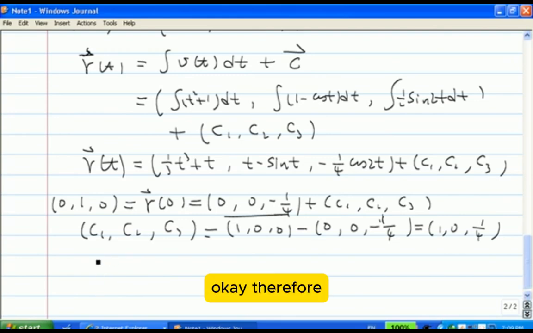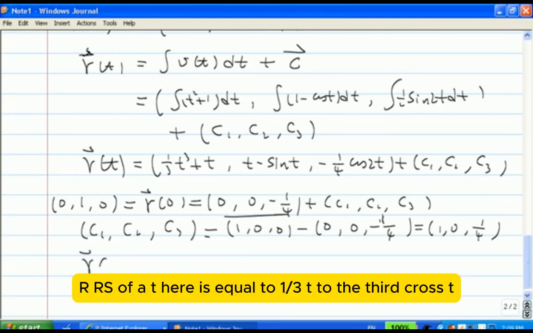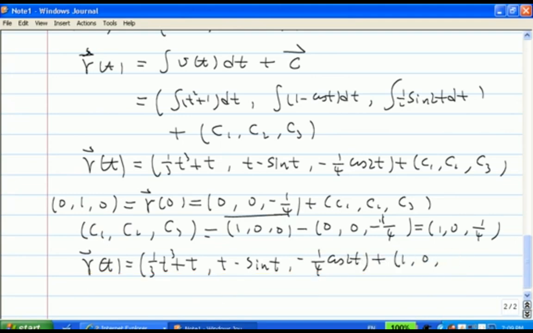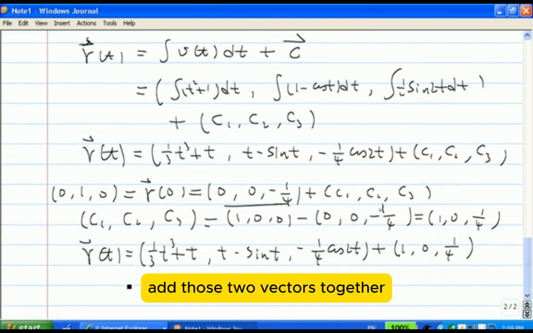Okay, therefore, our r of t here is equal to 1/3 t to the third plus t, minus sine t, minus 1/4 cosine 2t, plus C1 is 1, C2 is 0, C3 is 1/4. Add those two vectors together, which means you add each component.